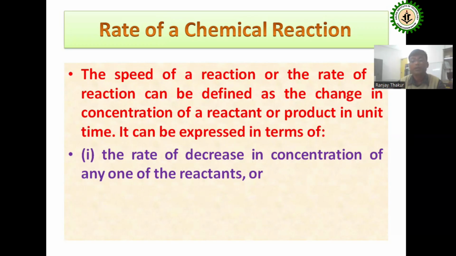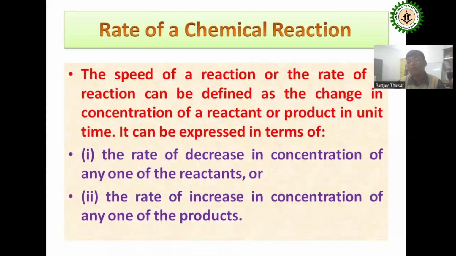Also, if one or more products are formed, the concentration of product increases with time. So the rate of reaction is defined as the increase in concentration of any one of the products in the given chemical reaction. By either means, you can determine the rate of decrease in concentration of a reactant.